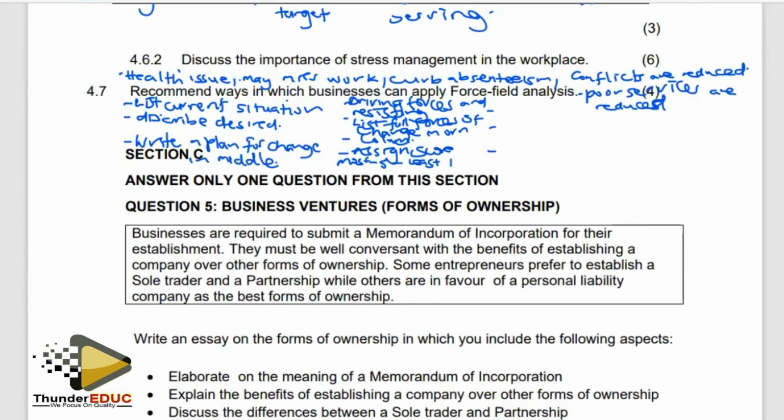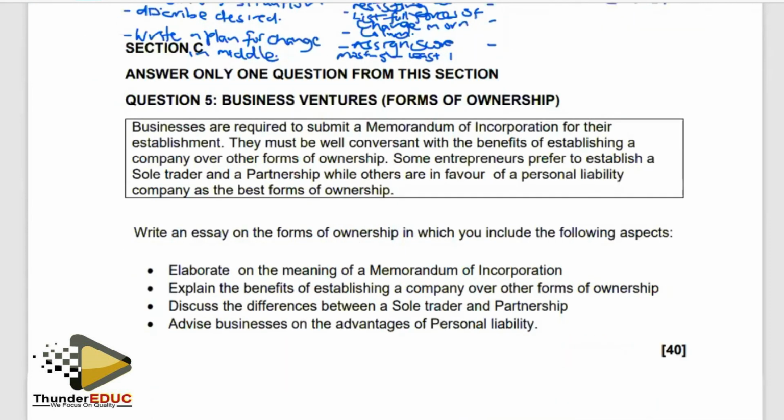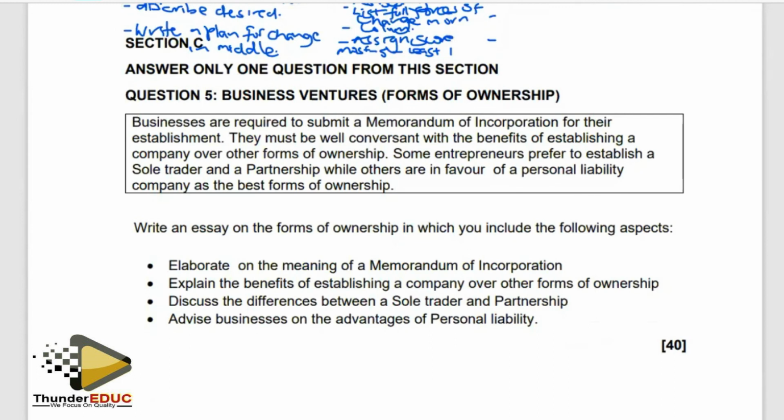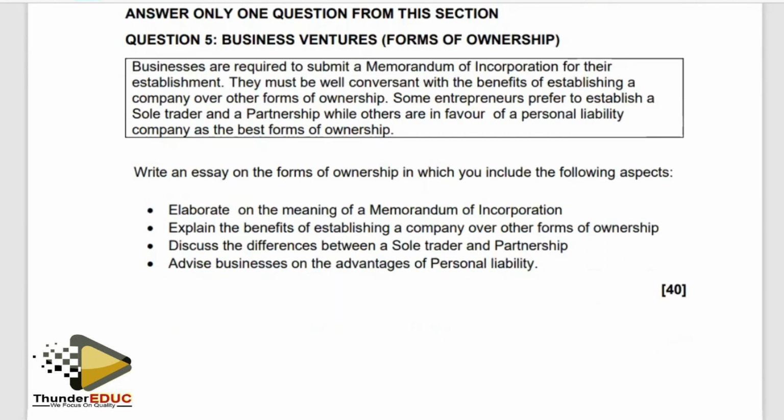Look at this. We have question number 5 here, from the section of business ventures. Any essay question has some important aspects that we must always consider when answering it.